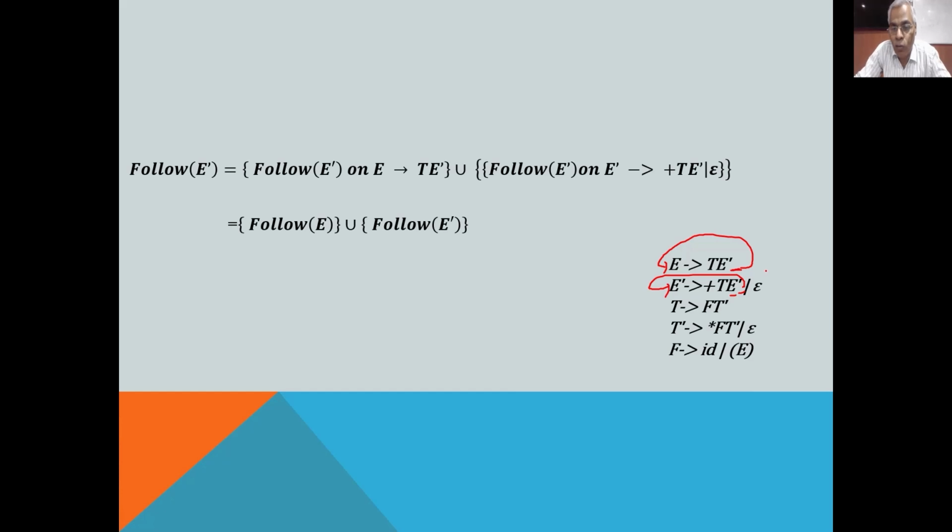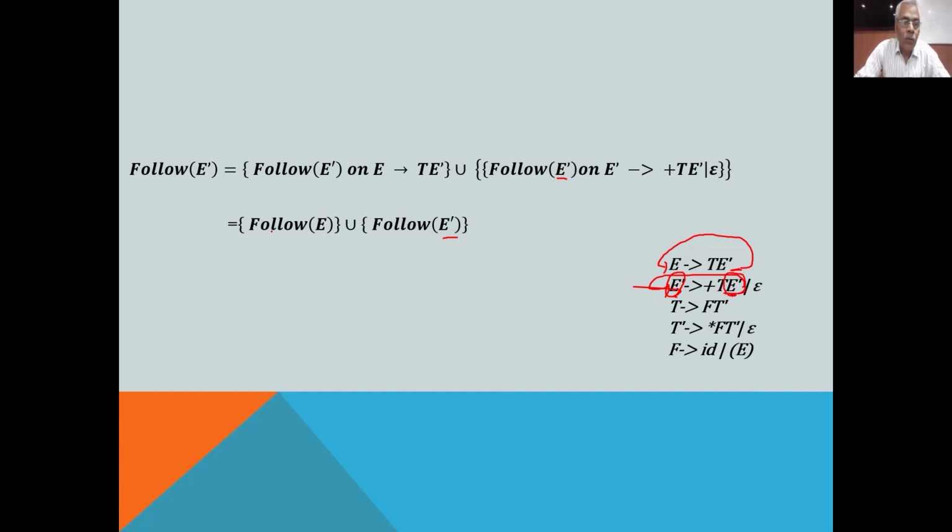To find the follow of this E dash, this E dash is in the right hand side and this E dash is the left hand side. I have written this E dash at this place, and this E dash is this one.